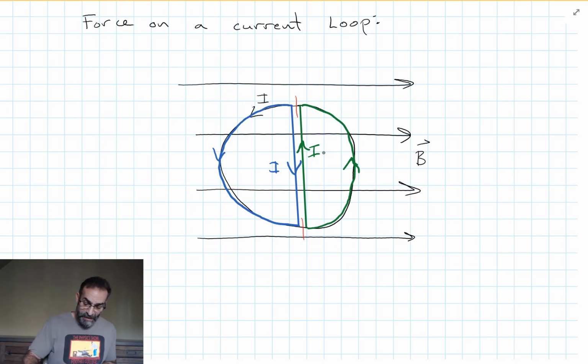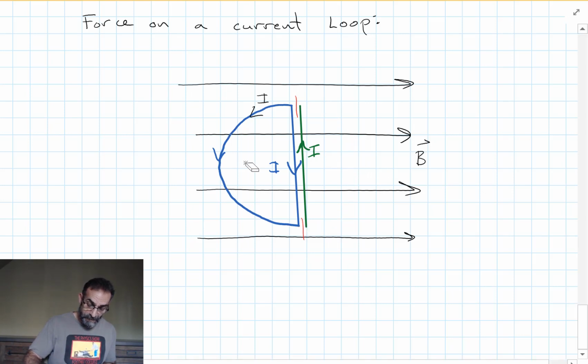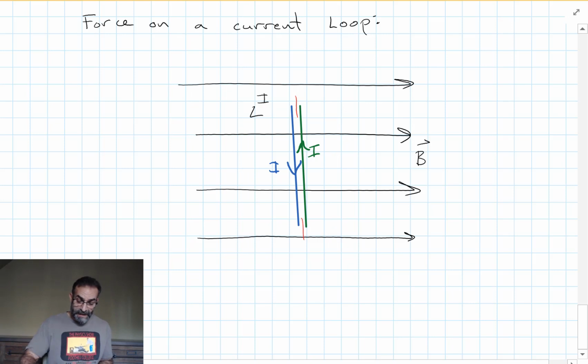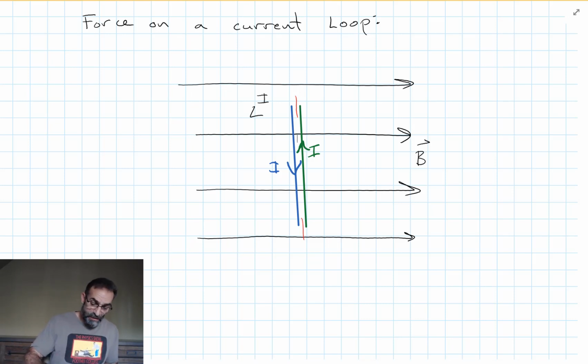And now I think you can see that those two wires, one carrying a current up, the other carrying a current down, they're the same length, they're parallel to each other. Whatever force acts on one, the other one has to have an equal and opposite force acting on it. So for any current loop, our net force has to be 0.